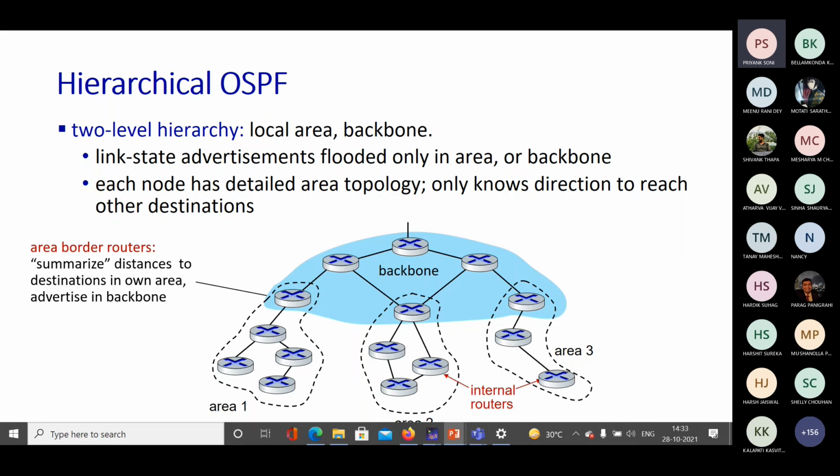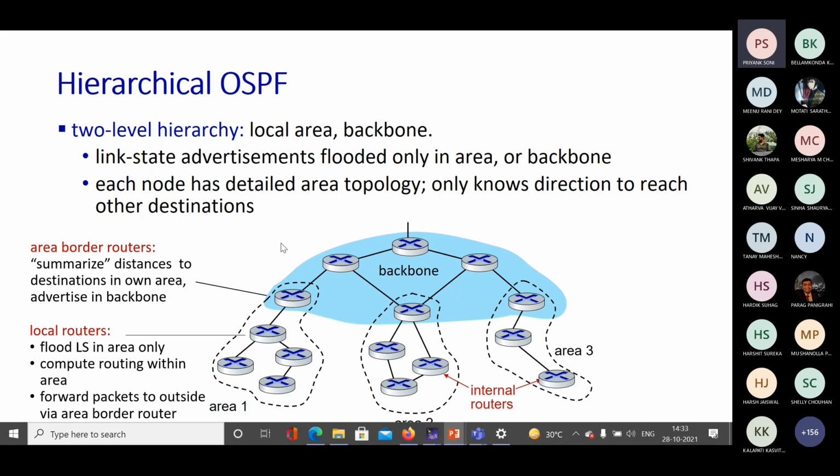So how is this information given out? This is done using the area border routers. What is their task? Their task is to summarize distances to destinations in their own area and advertise this information also in the backbone network, the backbone of this same AS.